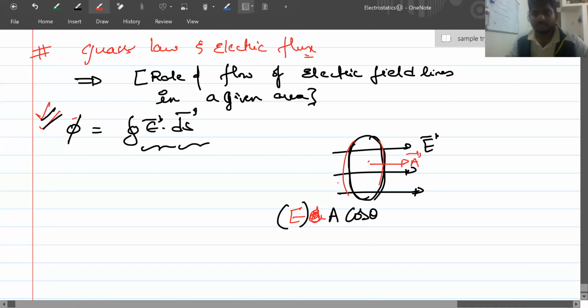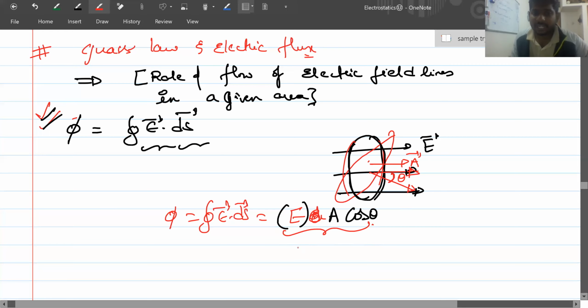Suppose this area is tilted in this way. The effective area direction will be this one and the electric field will be in this direction. There will be an angle theta between them. Then this flux can be defined as integral E dot ds, that is equal to EA cos theta.